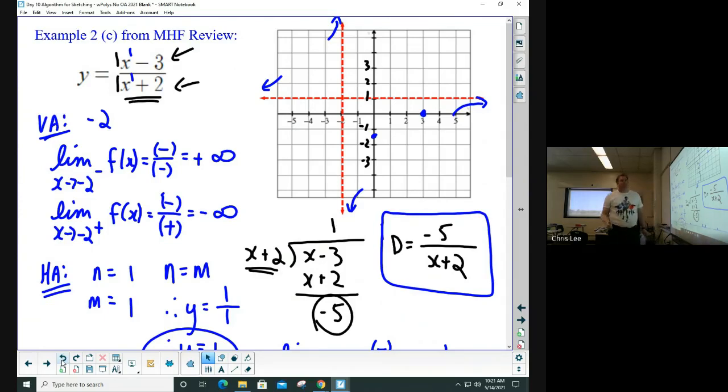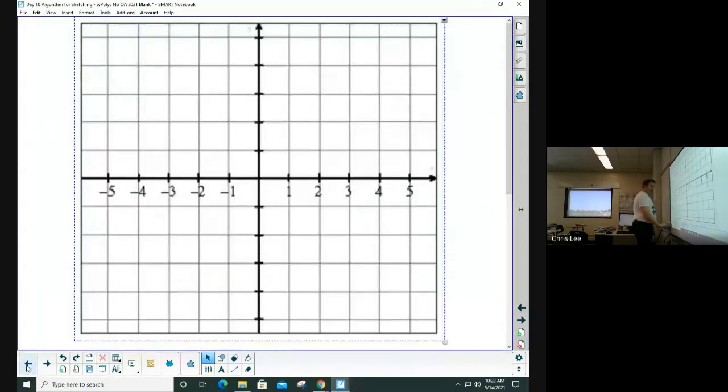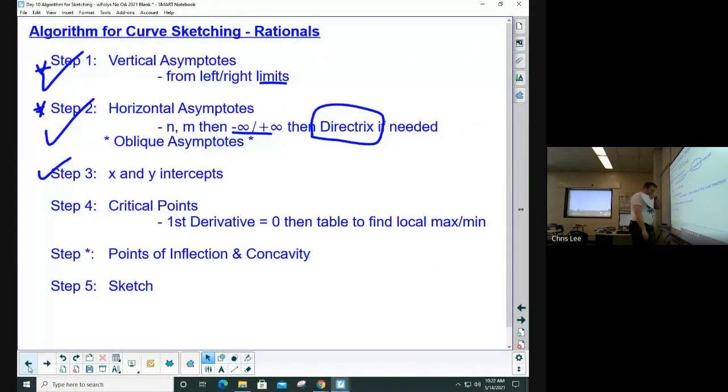All right. I've got my x and y intercepts. That's great. Let's go back and check my list. I've done that. So next, critical points.